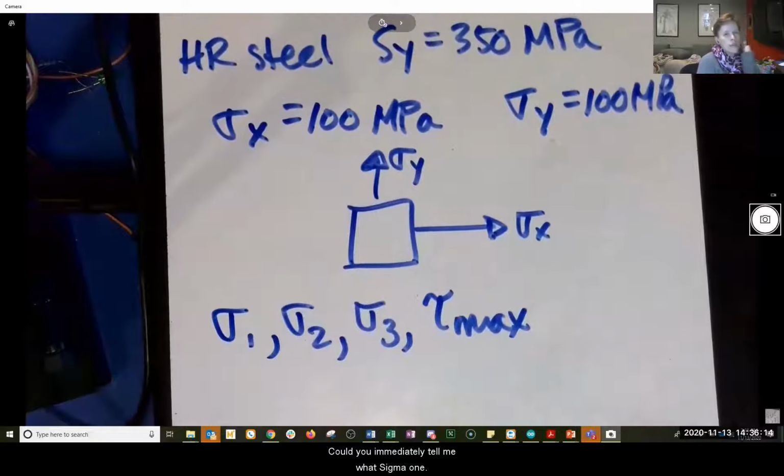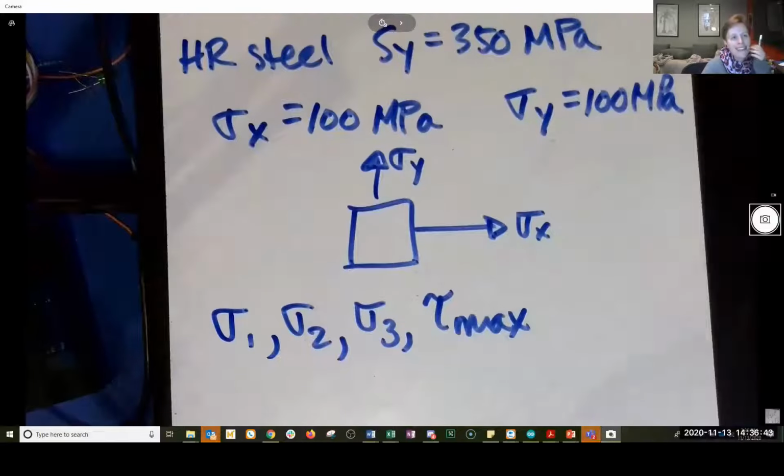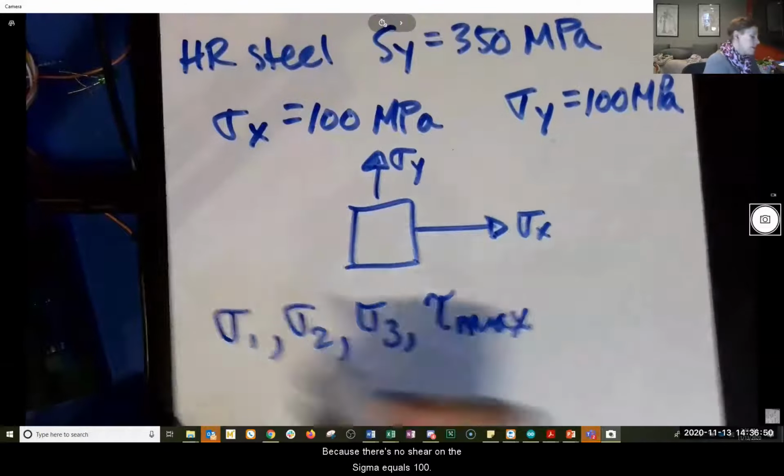Could you immediately tell me what sigma 1 is, just off the element? Sigma x? Why? Because it's the axial stress in that direction. Why is sigma x equal to a principal stress? Because there's no shear on the element. There it is.